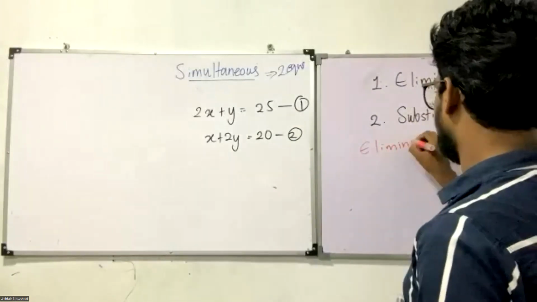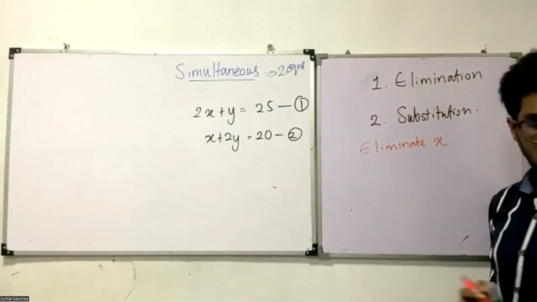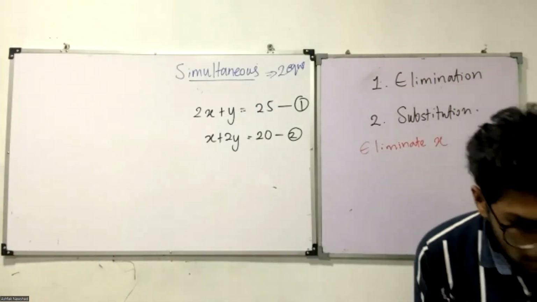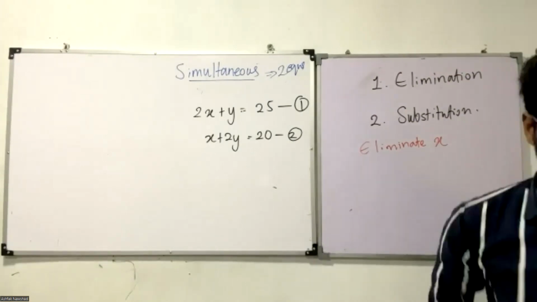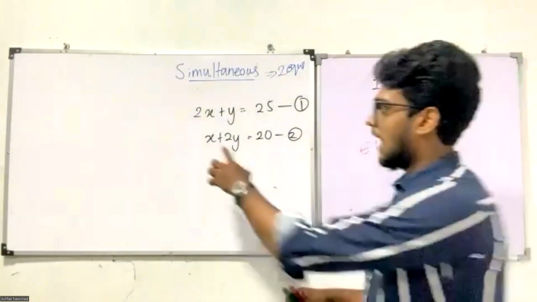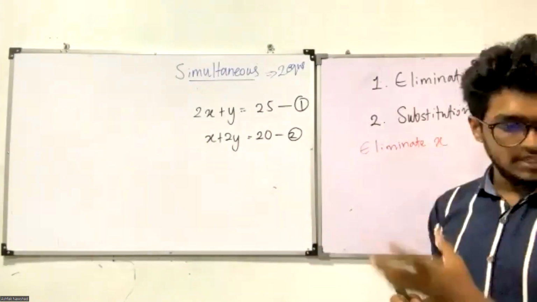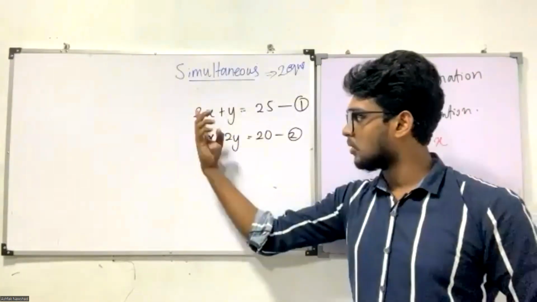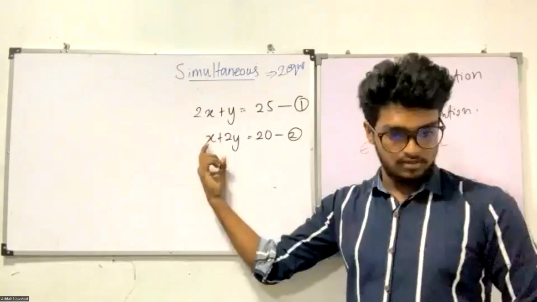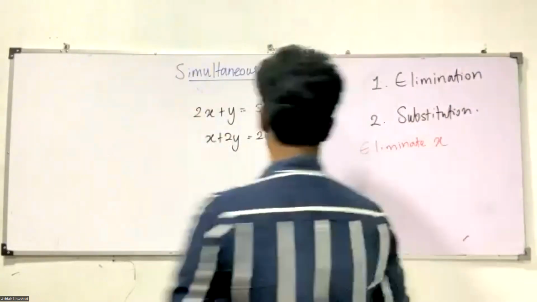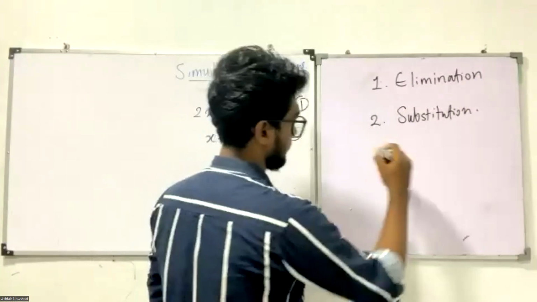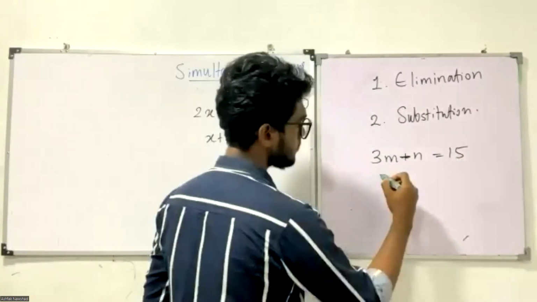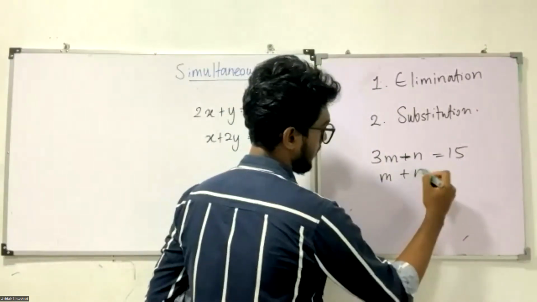Let me give you a new pair of equations: 3m plus n is 15, m plus n is 7.